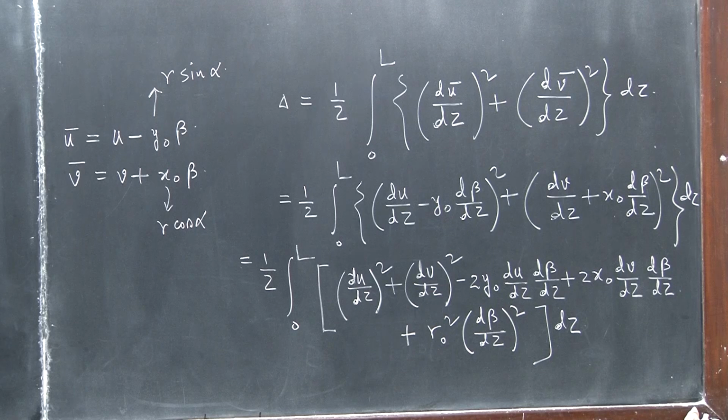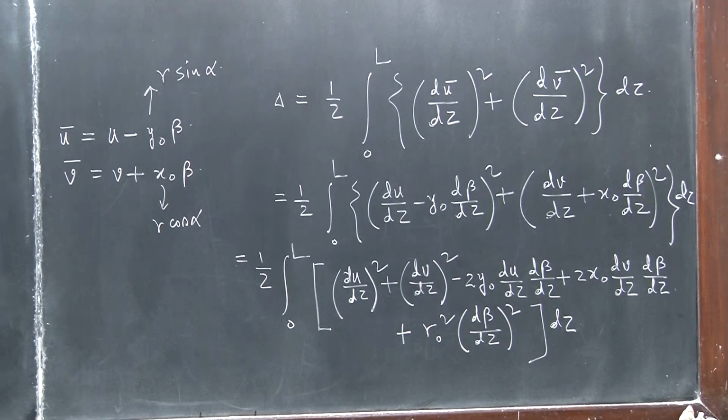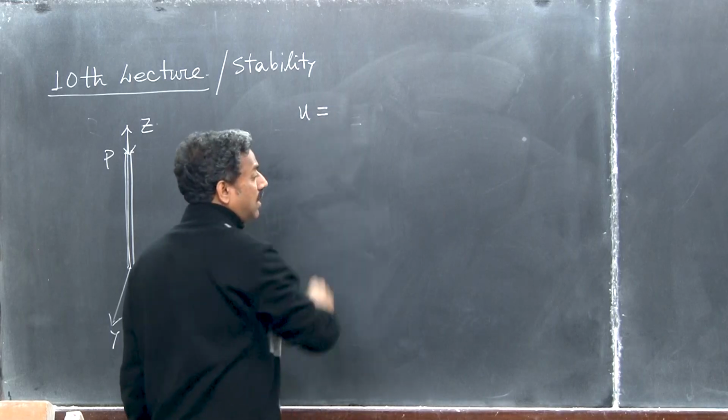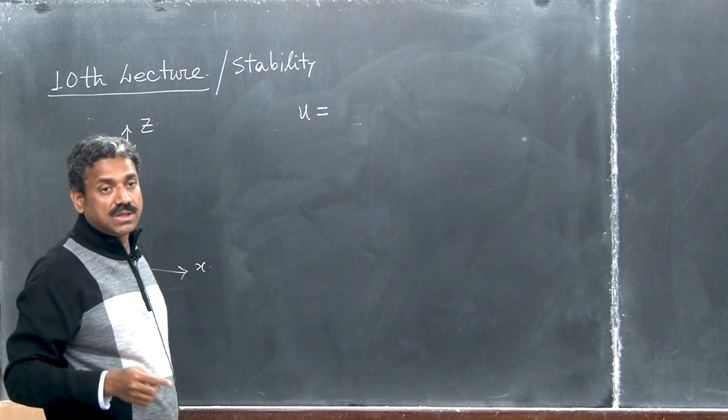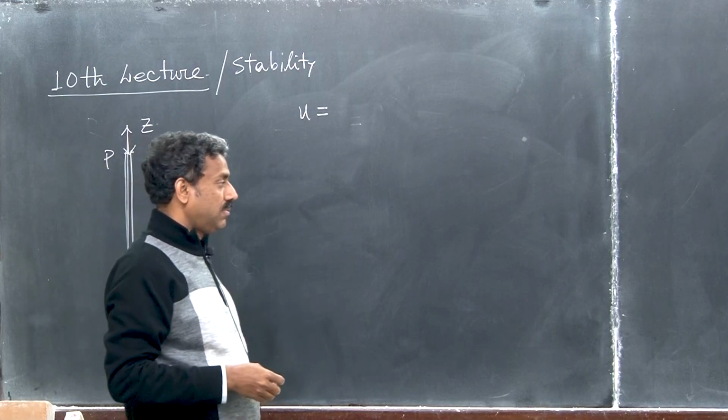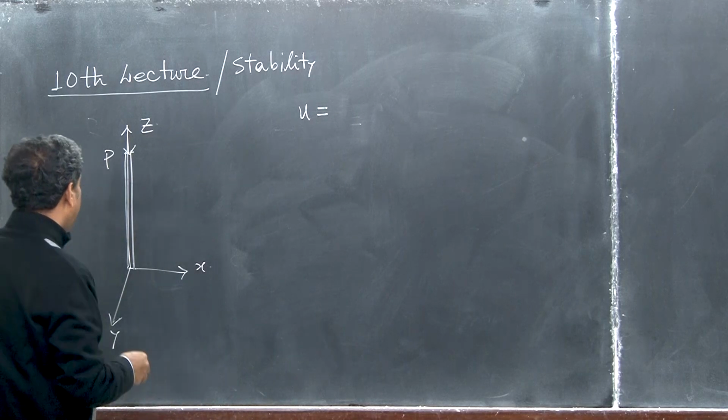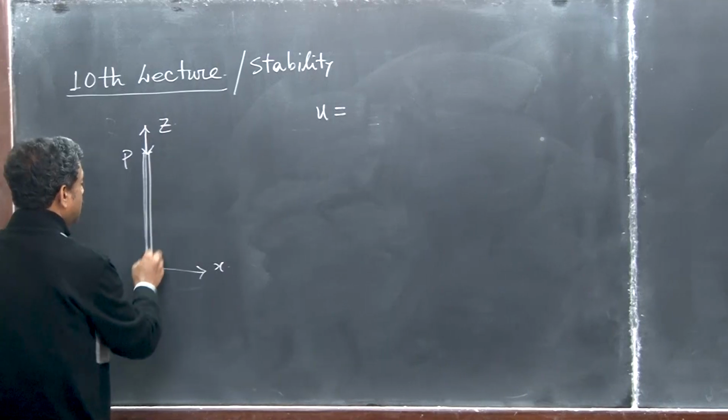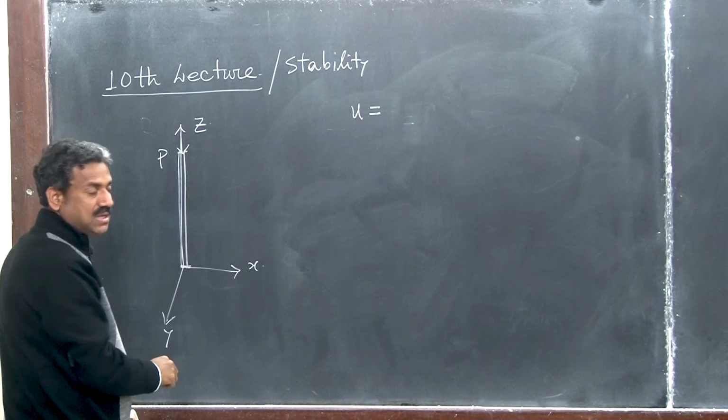Okay. So now let us substitute and see. First I can find out delta. You have seen the boundary condition that we have assumed: these are restrained against translation.